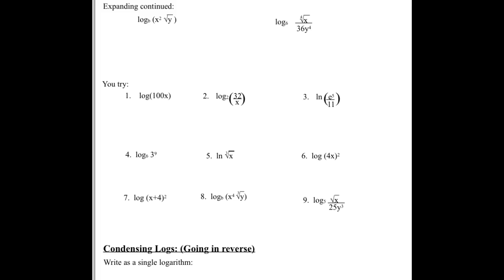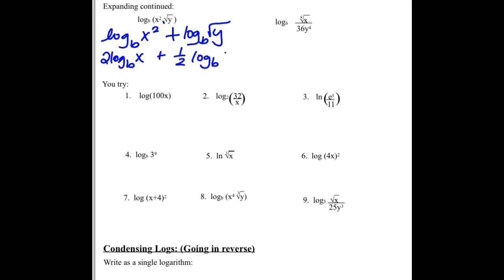So let's pull it apart first where that multiplication sign is. This becomes log base b of x squared plus log base b of y square rooted. And then move your powers in front of just the log that they apply to. So the 2 is going to go in front of this first one. The 1/2 is going to go in front of the second one. Does that make sense?